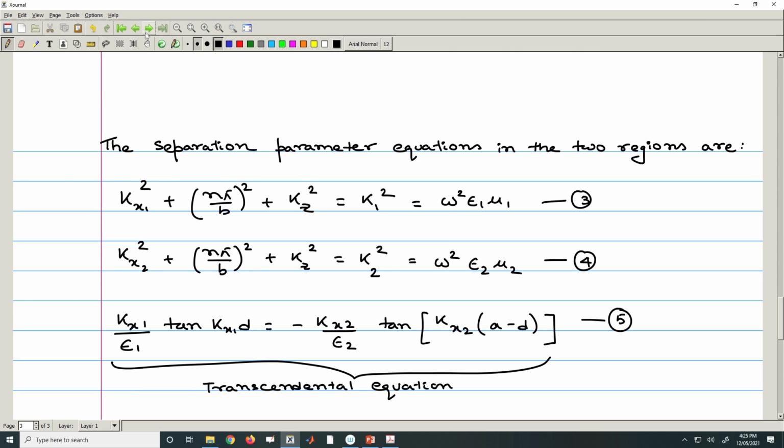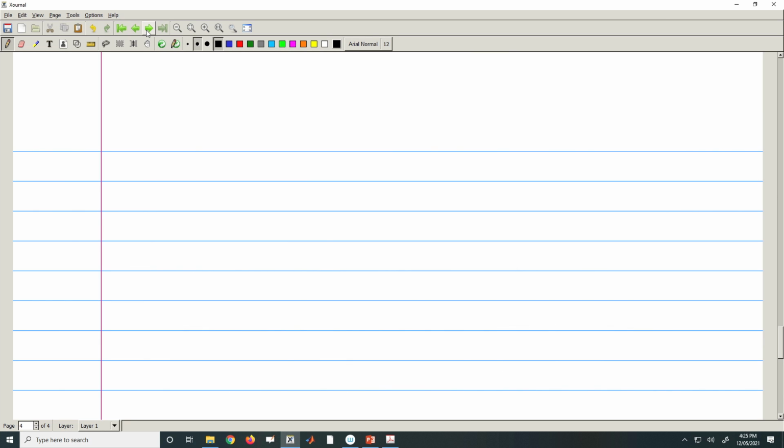Now, when d is small, the approximation. So, let us suppose when d is small, then the above equation can be approximated as k x 1 square d upon epsilon 1 is approximately equal to minus of k x 2 square a minus d upon epsilon 2.